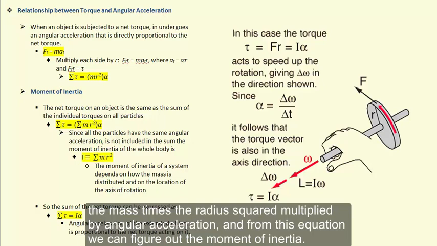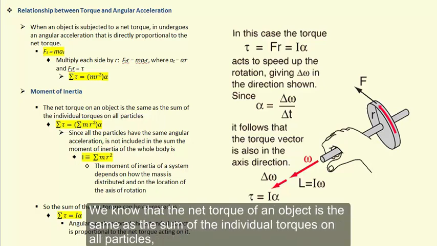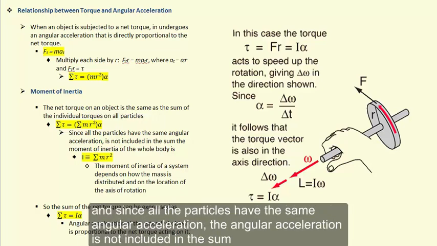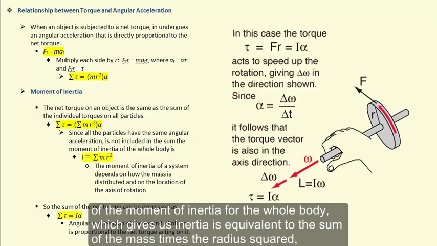And from this equation, we can figure out the moment of inertia. We know that the net torque of an object is the same as the sum of the individual torques on all particles. And since all the particles have the same angular acceleration, the angular acceleration is not included in the sum of the moment of inertia for the whole body, which gives us that inertia is equivalent to the sum of the mass times the radius squared.